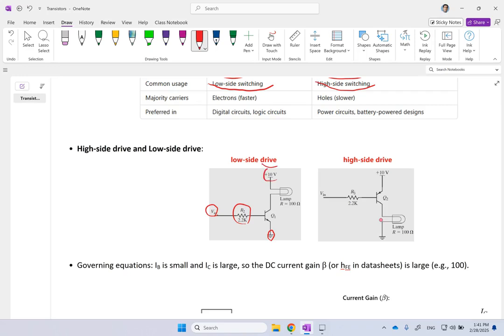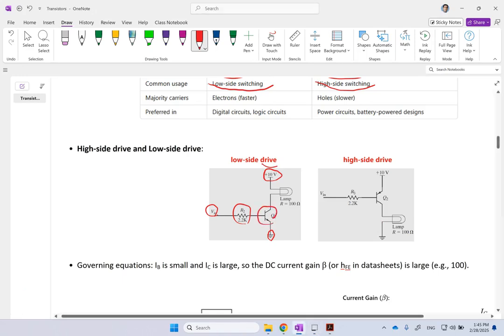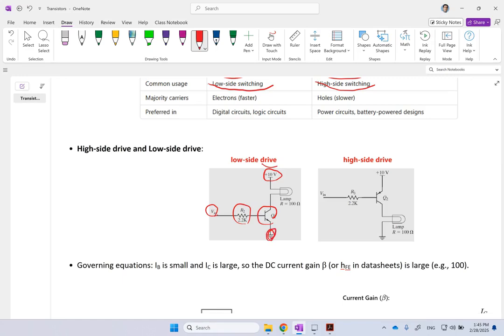We say it's on low side. Why do we say this is on low side? Because in here, the switch is between what and what? It is between your basically low side, which is the ground, and your load.